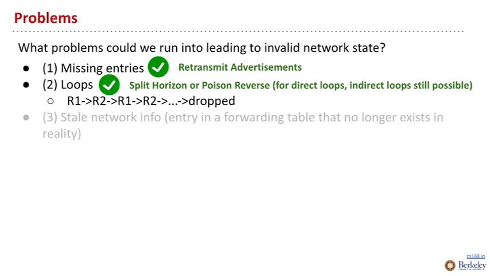It's a good question. Let's think through that. How would we go about implementing both split horizon and poison reverse? So what does split horizon say to do if you have a route through that neighbor? Don't say anything. What does poison reverse tell you to do if you have a route through that neighbor? Say something. You cannot do both, yes.